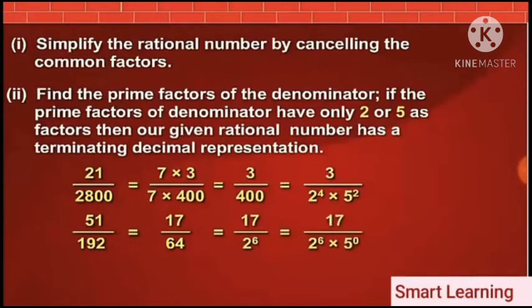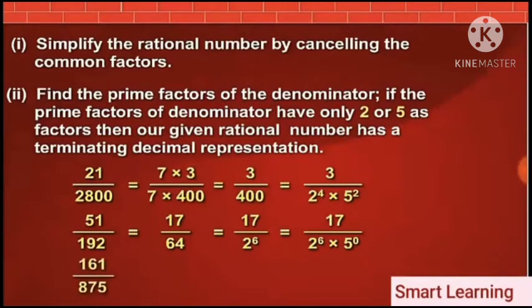We can also write it as 17 upon 2 raised to the power 6 into 5 raised to the power 0, because 5 raised to the power 0 is equal to 1. We see here that the denominator only has 2 as a factor and is in the form of 2 raised to the power n into 5 raised to the power m. This means the decimal expansion is terminating.